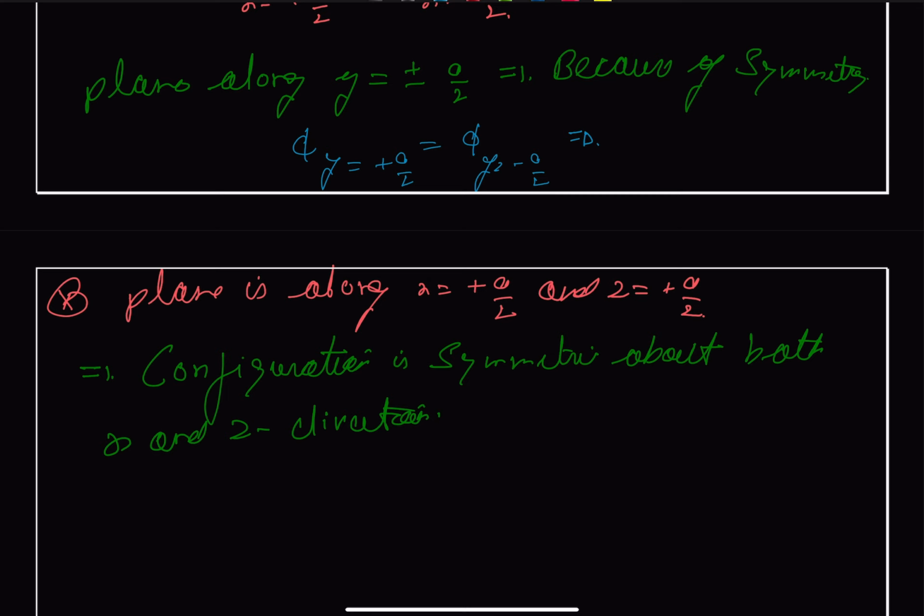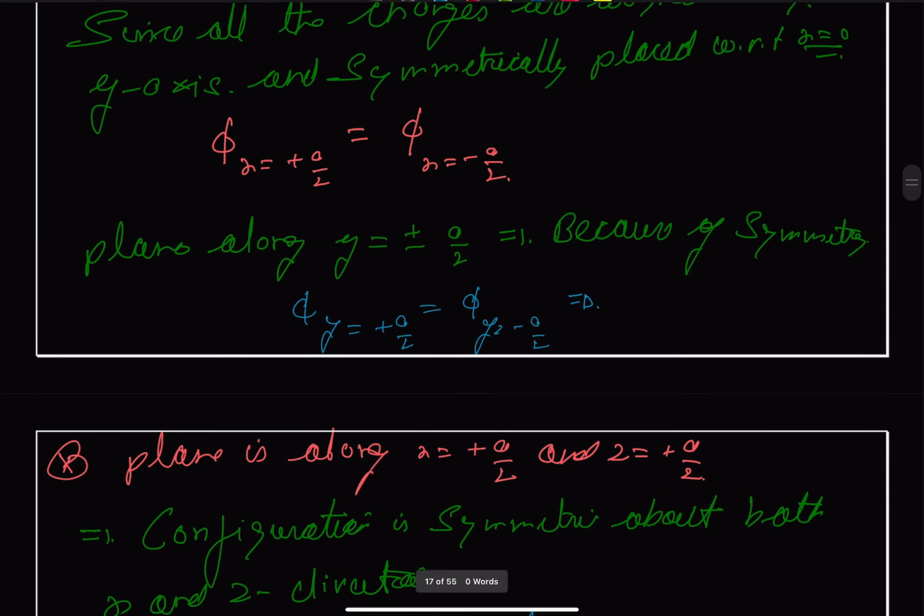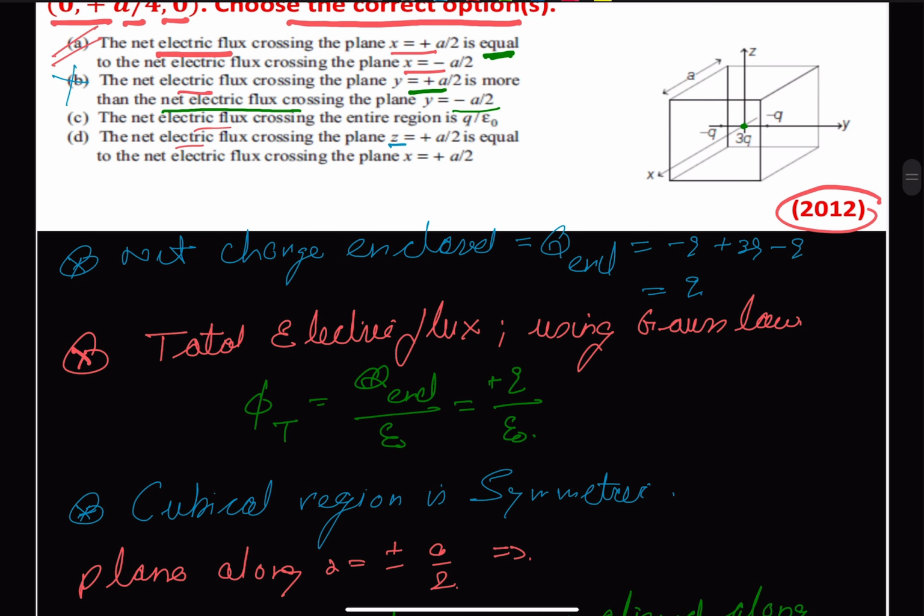Therefore flux along x is equal to plus a by 2 is equal to flux along z is equal to plus a by 2. Therefore option D is also correct.